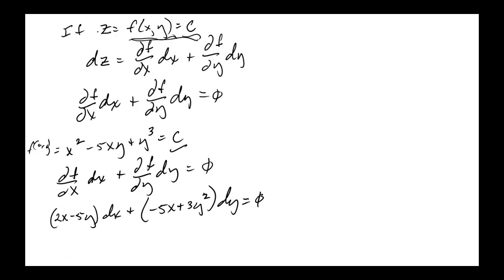Divide by dx and divide by this thing. There you have a differential equation. dy dx is equal to 2x minus 5y divided by 5x minus 3y squared. It's a differential equation. Really ugly one, you know.